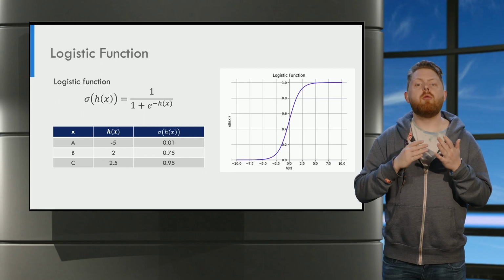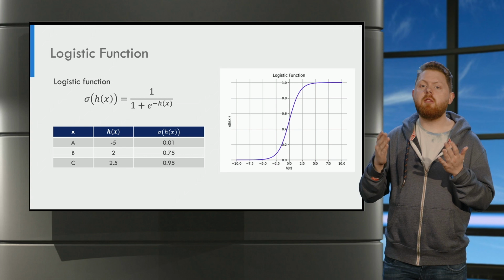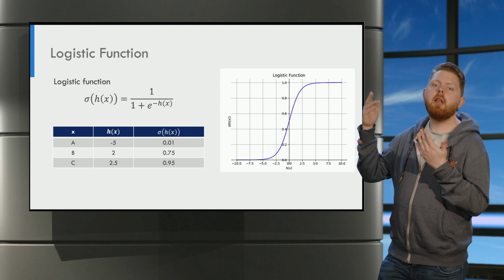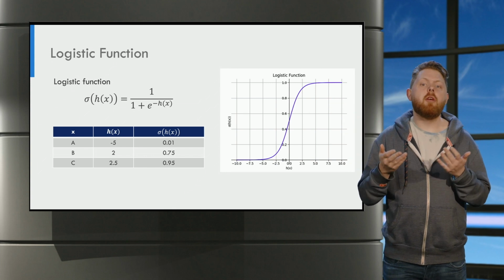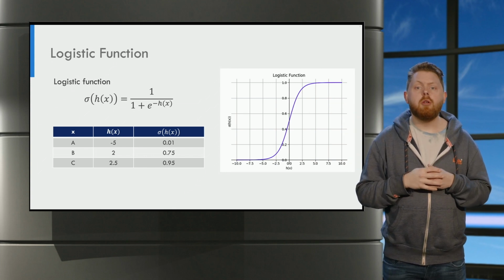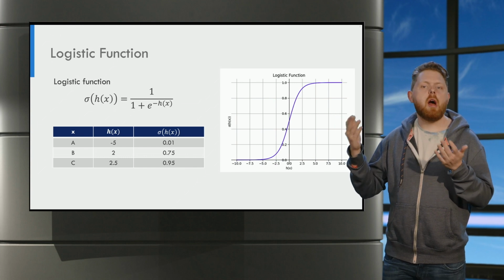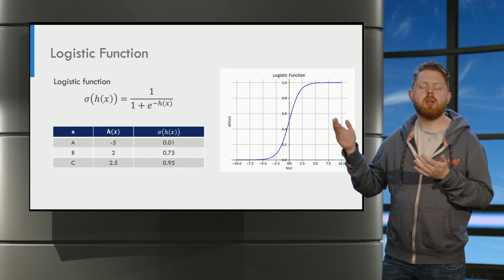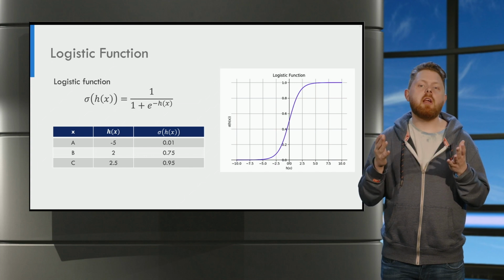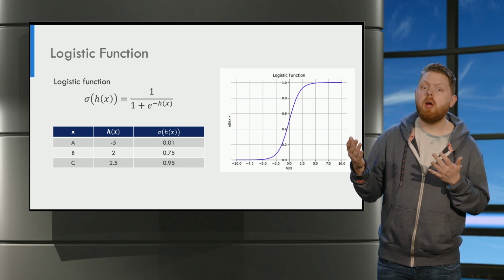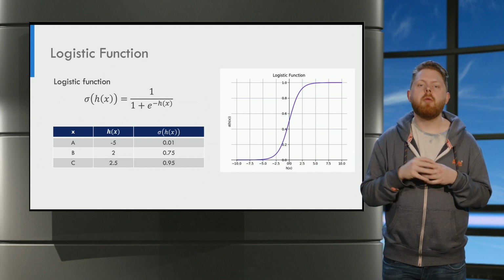To transform real numbers into probabilities, we will use the logistic function. We will indicate this function using sigma. The formula is given on the left. On the right, we have a plot of this function. You see that if you apply the function to a large negative number, it will be close to 0.